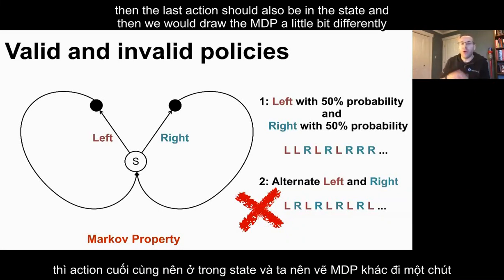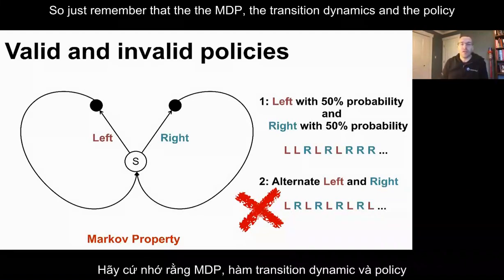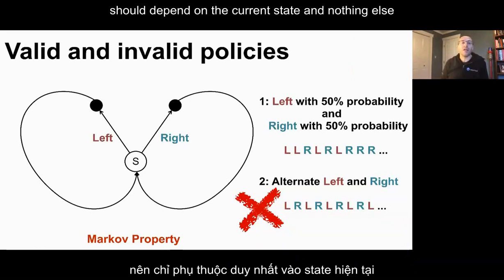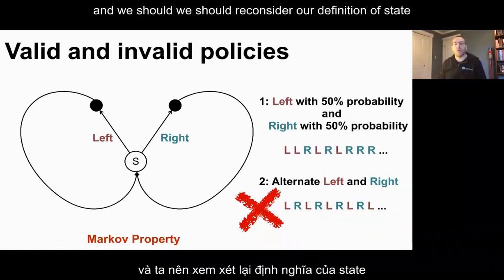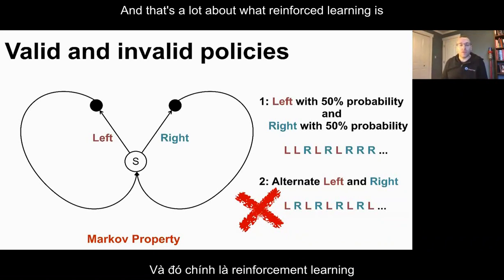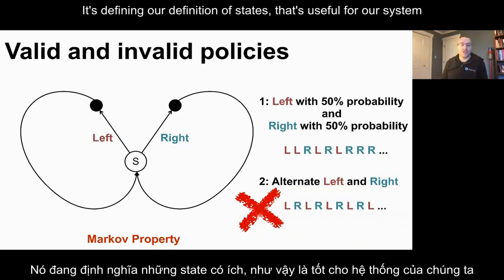And then we would draw the MDP a little bit differently. So just remember that the MDP, the transition dynamics and the policy should depend on the current state and nothing else. If you're depending on a history of things, then you're kind of breaking the rules, and we should reconsider our definition of state. And that's a lot about what reinforcement learning is: defining our definition of states that's useful for our system.